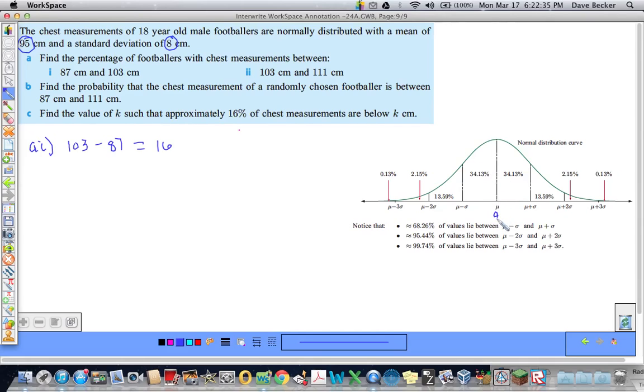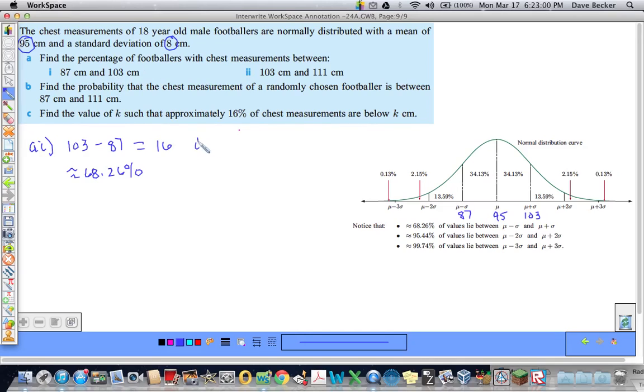The mean is 95, plus 8 is 103, and minus 8 is 87. So we can say that approximately 68.26% of the footballers will have chest measurements between 87 and 103.